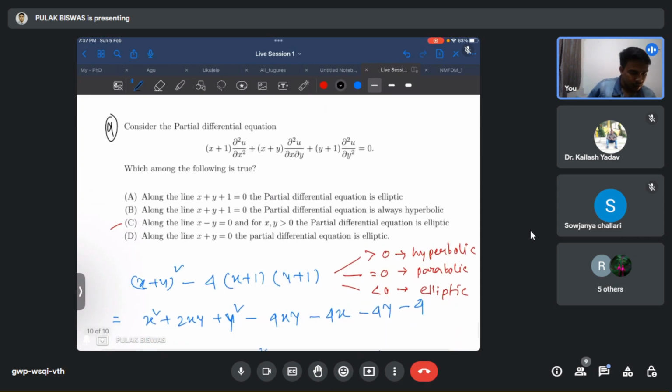This one I have already done that time. Can you solve this one? Like what will be the type of this PDE?